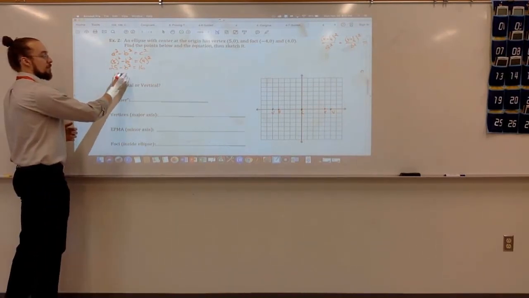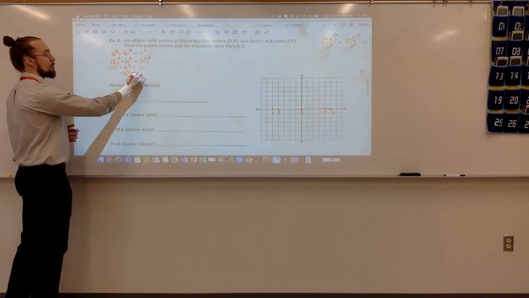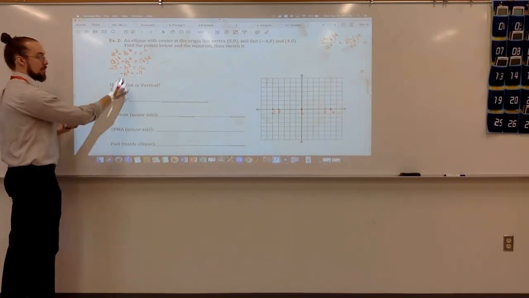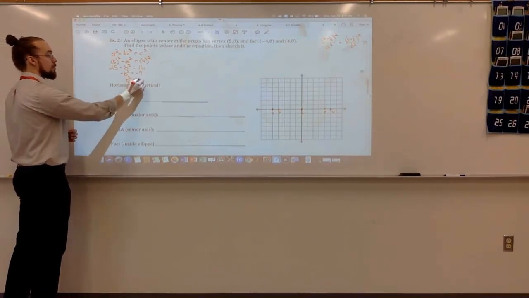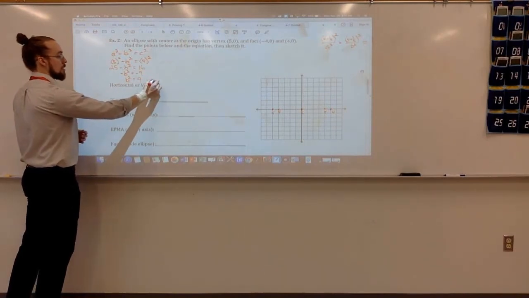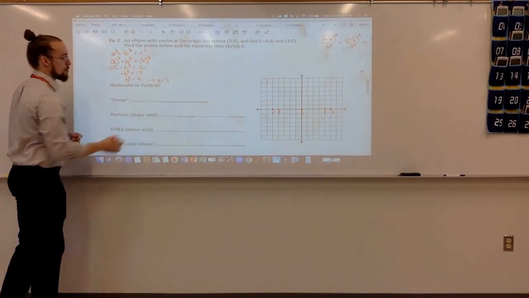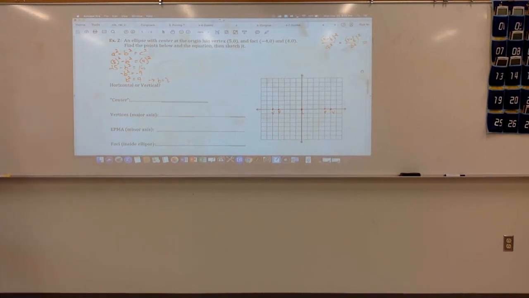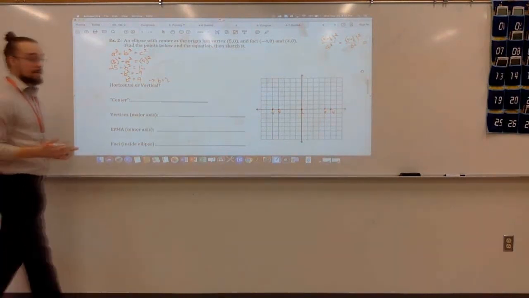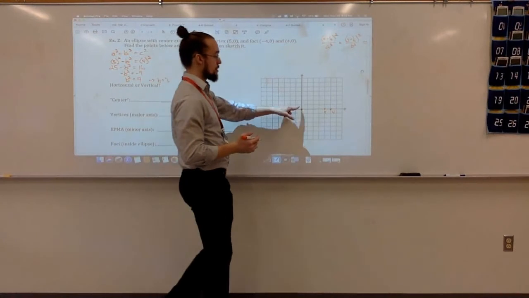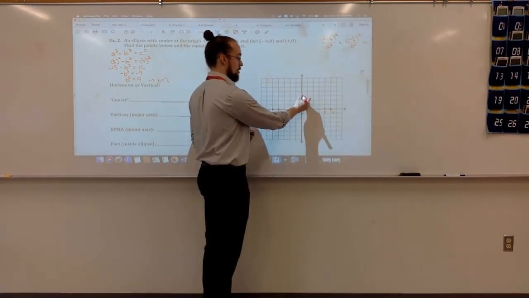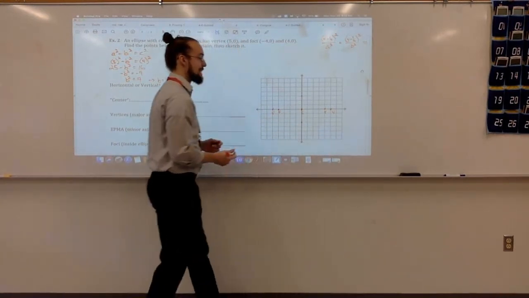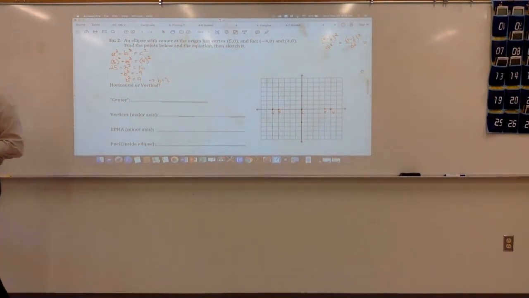Subtract the 25 over. Get negative b squared equals negative 9. So b squared equals 9, which means b equals 3. That tells me from my center, I'm going to go up 3 and down 3 to get to the endpoints of my minor axis.